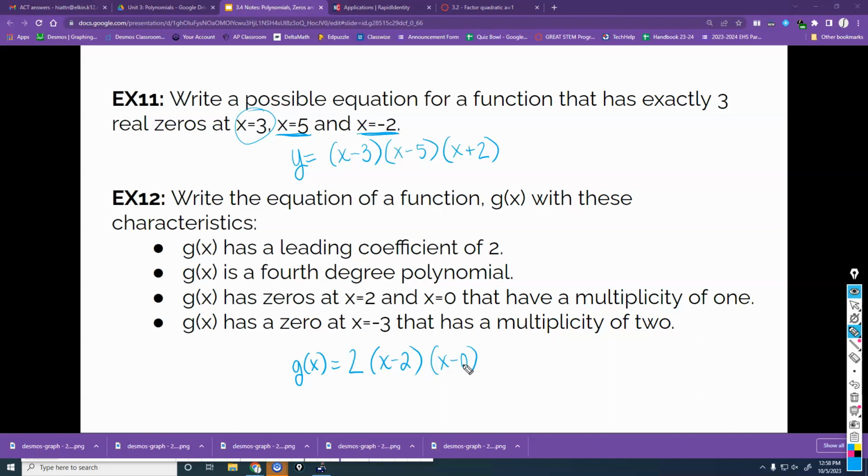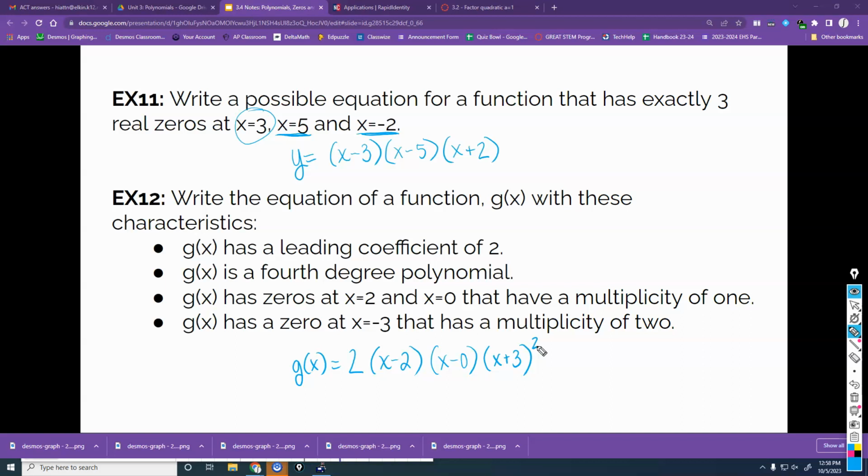That just equals itself. I'll clean that up here in a second. And then I've got a -3, so that would be x plus 3, but it has a multiplicity of 2. So in the equation, what's it look like if I got a multiplicity of 2? The squared. Perfect. It's going to be squared right there.